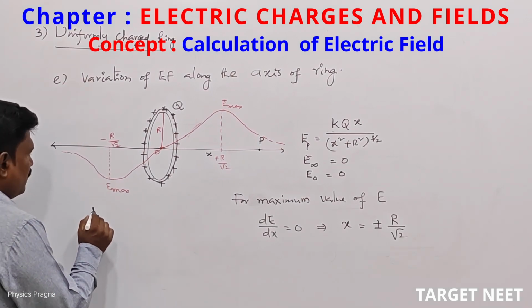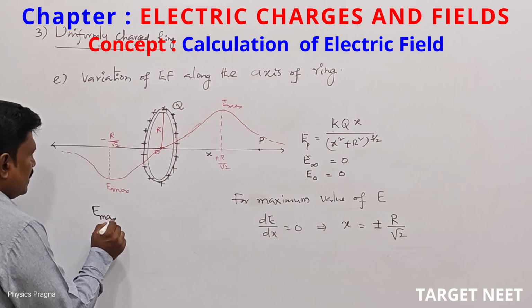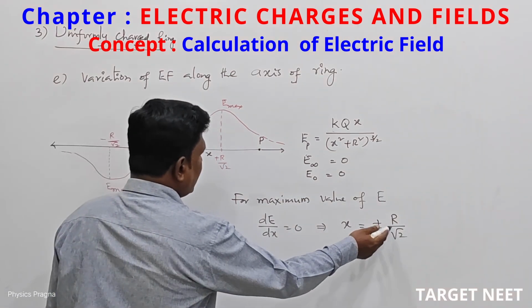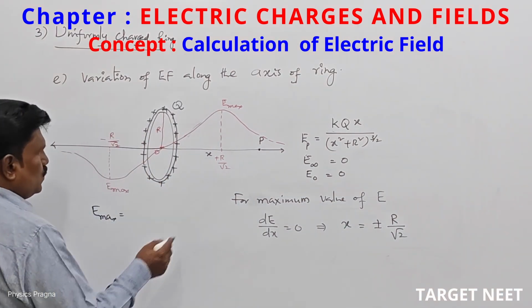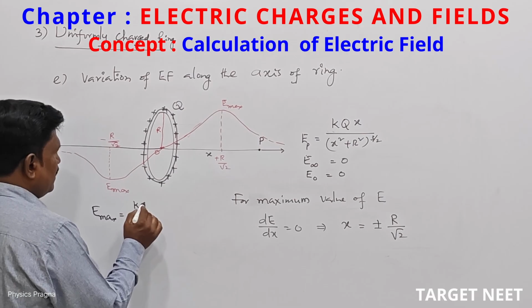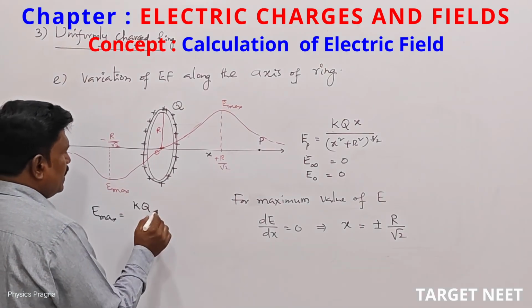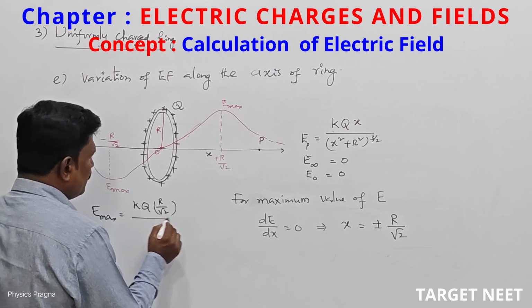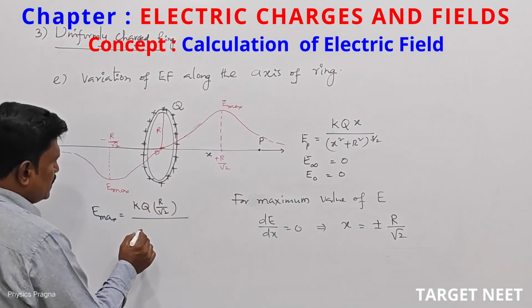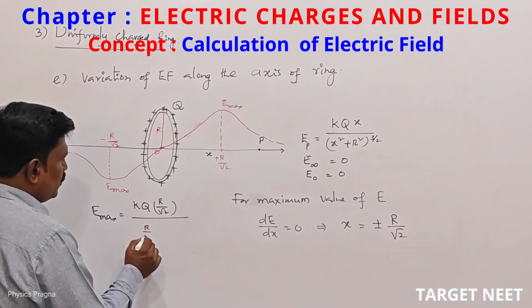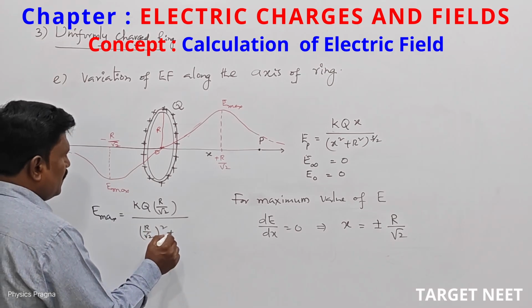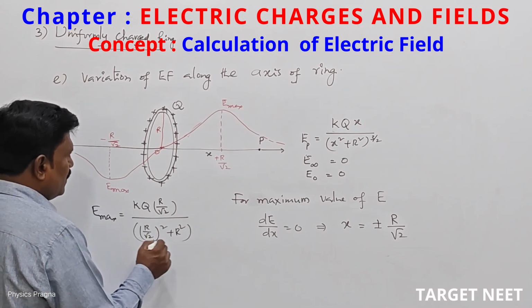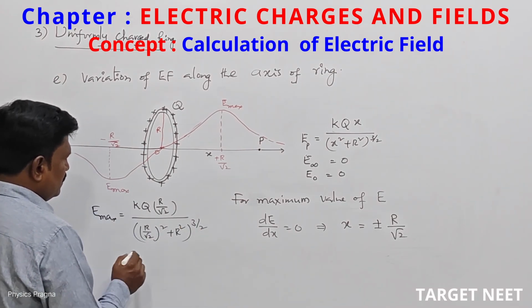So what is the value of maximum E? In the place of x we have to write r by root 2. So I will write k, q, and r by root 2 by (r by root 2 whole square plus r square) whole power 3 by 2.